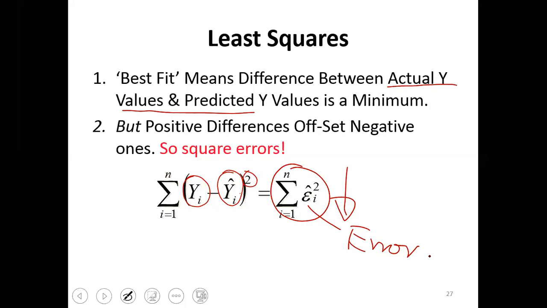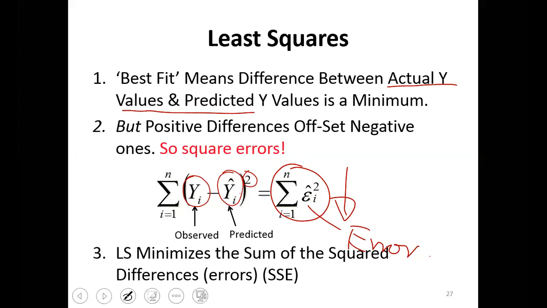Each and every observation, how much it is deviating from the main line, has to be reduced. That is basically called the error term. This is the observed value and this is the predicted value, whereas the difference should be minimum as much as possible. This term is called the sum of squares of error.